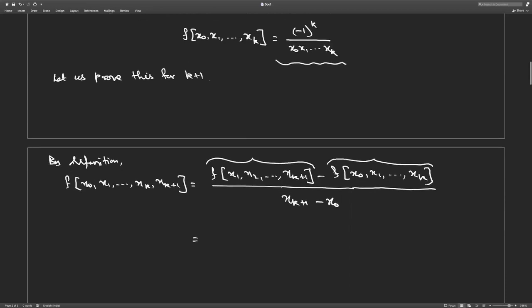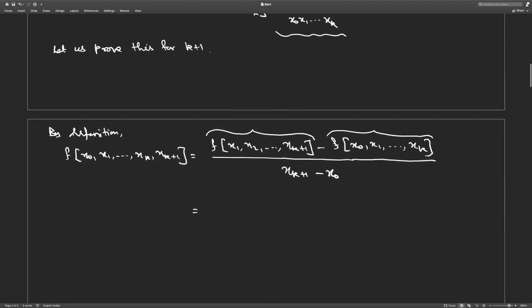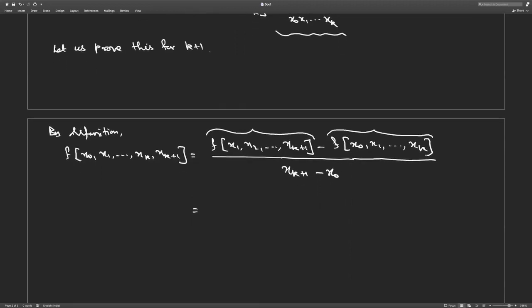Therefore, we will simply substitute this expression for these two terms. We get minus 1 to the power of k divided by, the nodes are x1, x2 up to xk plus 1. Therefore, we have x1, x2 up to xk plus 1 minus, similarly here we have minus 1 to the power of k divided by, the nodes are x0, x1 up to xk, and then divided by xk plus 1 minus x0, right?